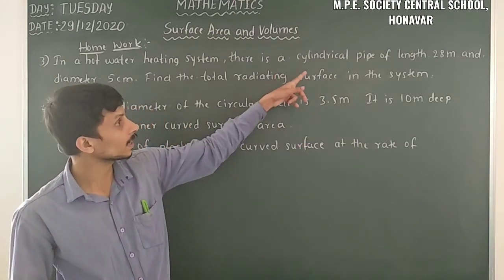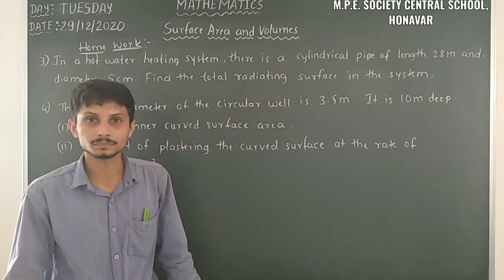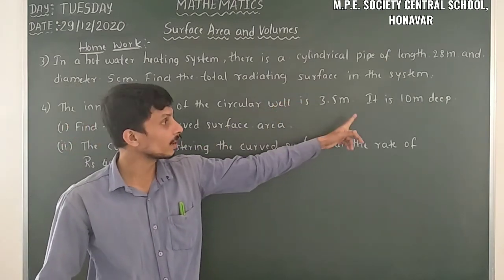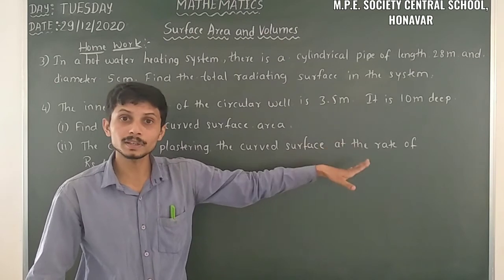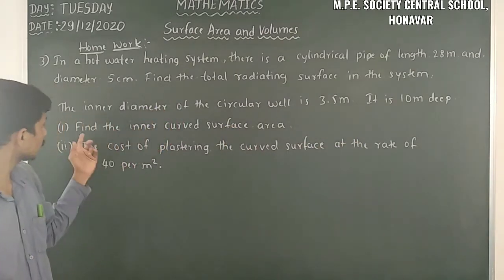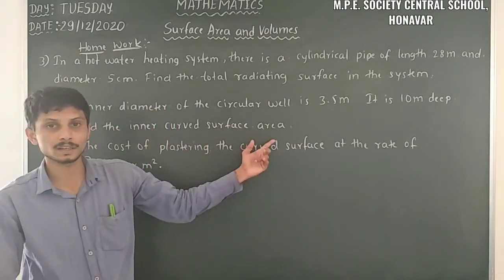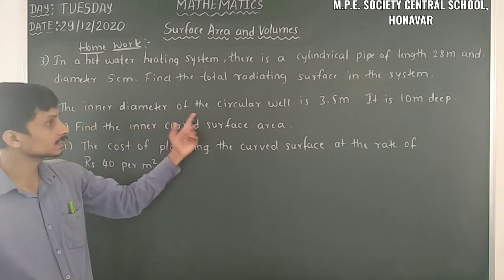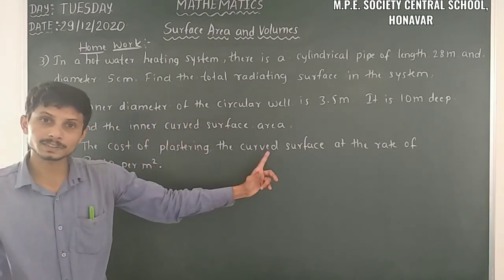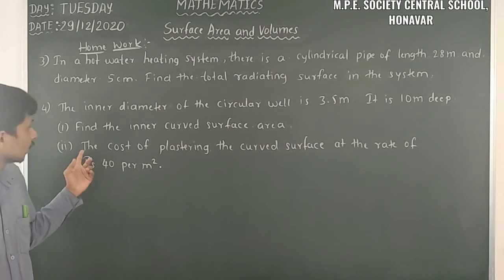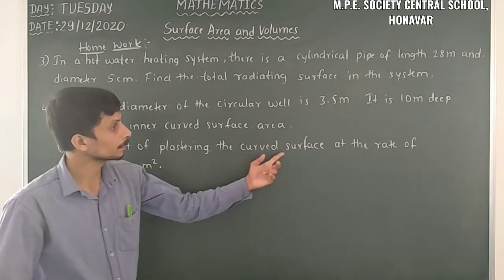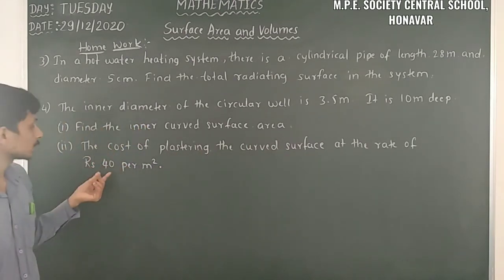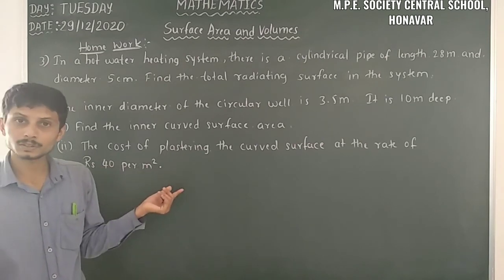So here the cylindrical pipe of length 28 meter, that is the height, and the well 10 meter deep, that is the height. Here we have to find the inner curved surface area, since the inner diameter is given, and the cost of plastering the curved surface at the rate of rupees 40 per meter square.